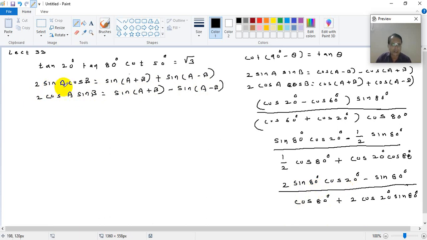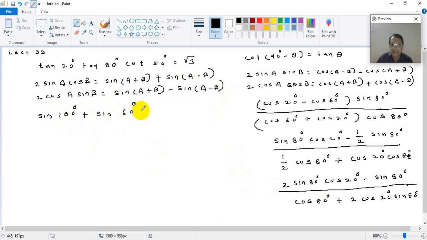In the formula 2 sin a cos b, a and b are 80 and 20, so what will the term be? It will be sin of a plus b, that is 80 and 20, 100, so sin of 100 degrees, and plus sin of a minus b, that is 80 minus 20, so plus sin of 60 degrees.